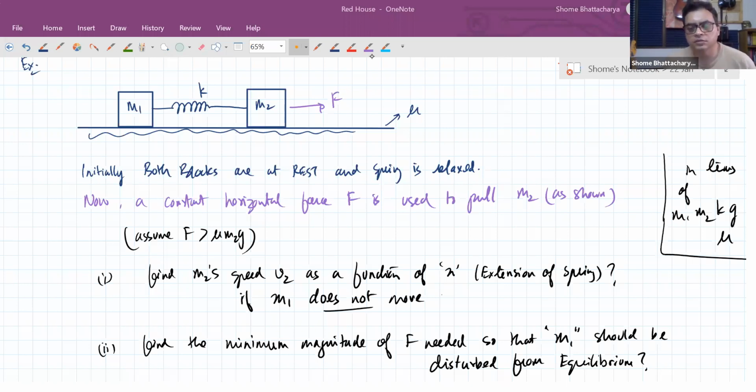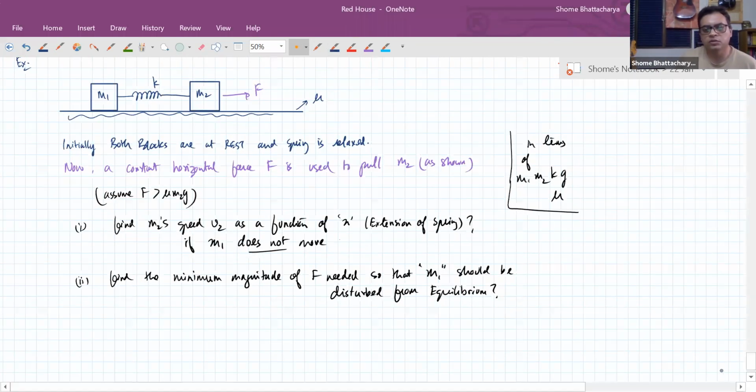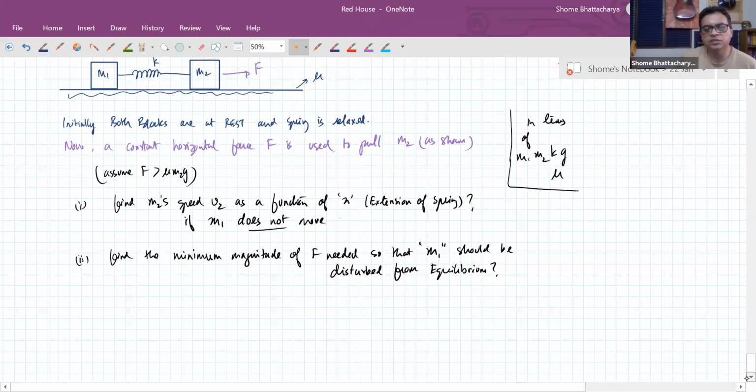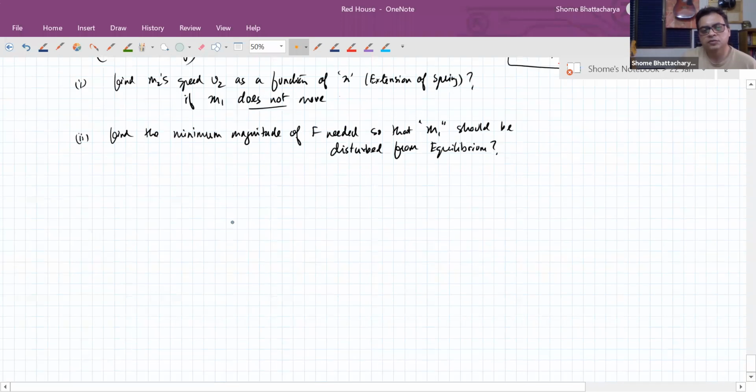Anybody got the answer for the first part? If you're taking a situation where you assume that the first block has not yet moved, then it's a very simple case of just, so starting from this position, x equal to 0, u equal to 0 on the rough surface.